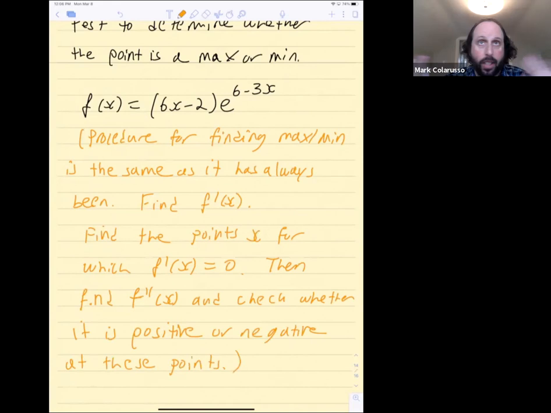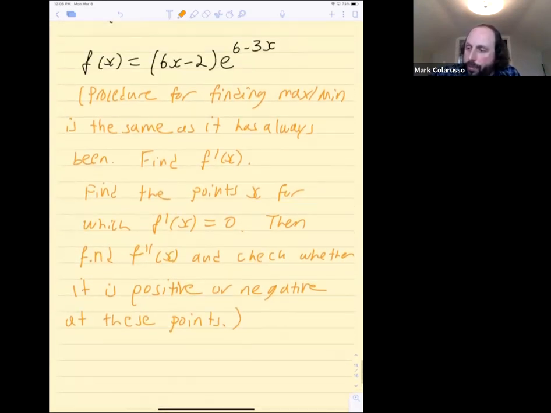So it's the same deal as before. Now the derivative will be a little more complicated because we have to deal with exponential functions. It won't be the same formula for the derivative we've been using in these problems previously, but it's not going to be much worse. The procedure is the same.